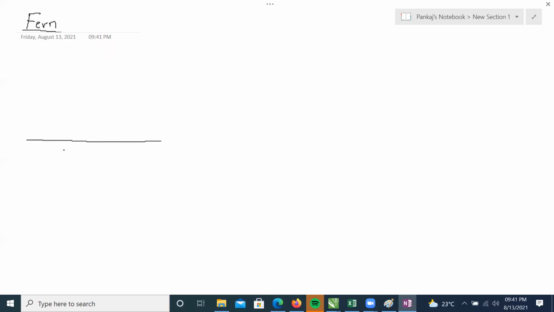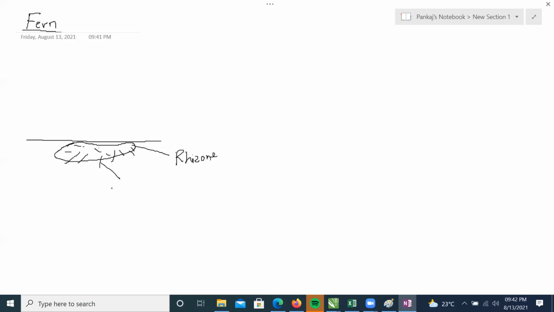So we can draw the structure like this, that suppose this is a structure. So this is what we call rhizome, because we know very well the stem is in the form of rhizome, right?